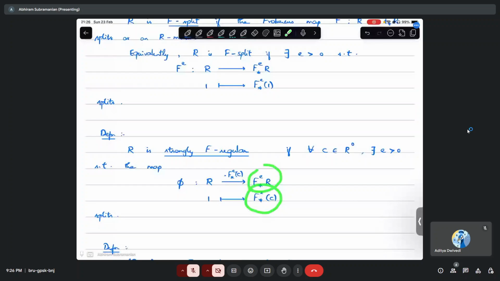So here's where we again use the fact. I think we already saw this before. Strongly F regular is a local property.